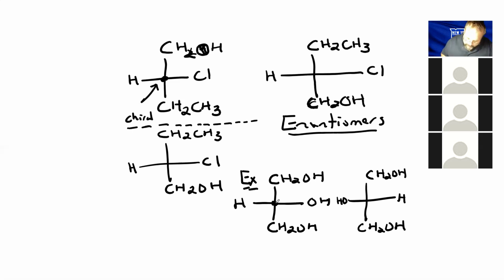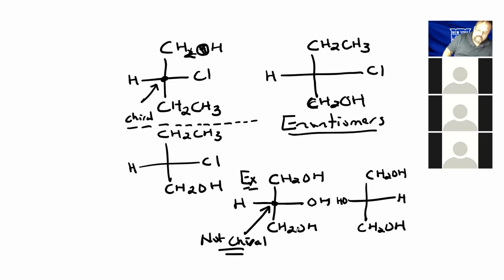And it turns out that in this case, the middle carbon is not chiral. Because the four things attached to it are H, OH, CH2OH, CH2OH. This group and this group are exactly the same.